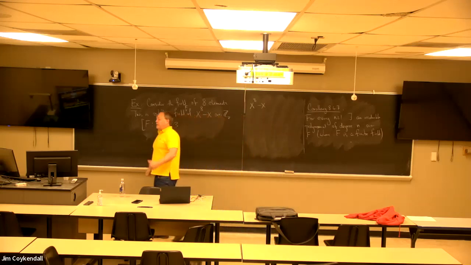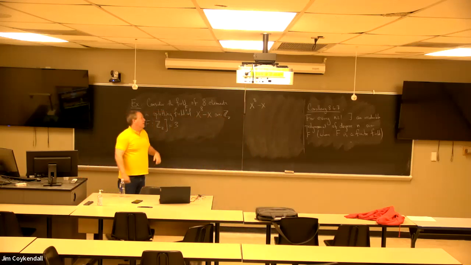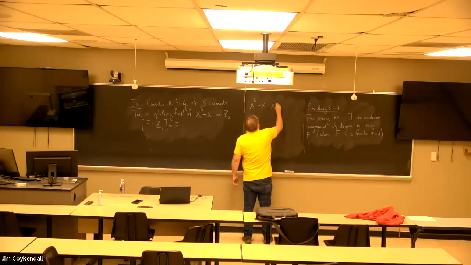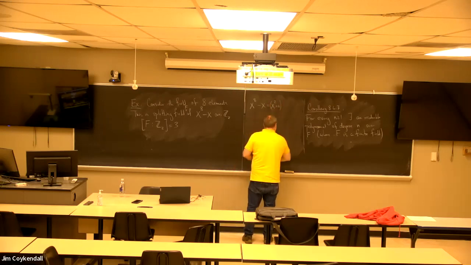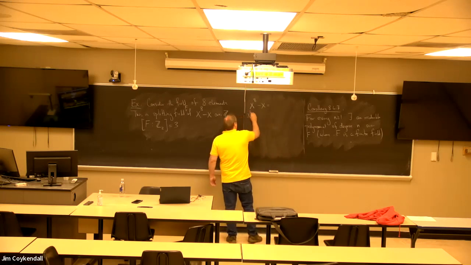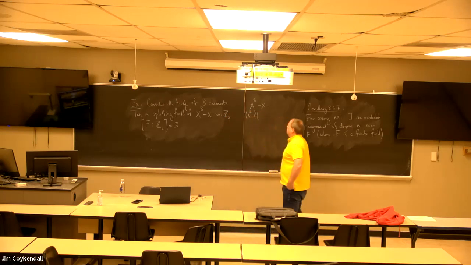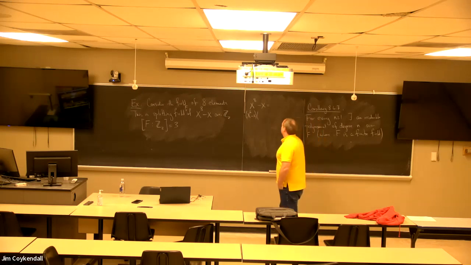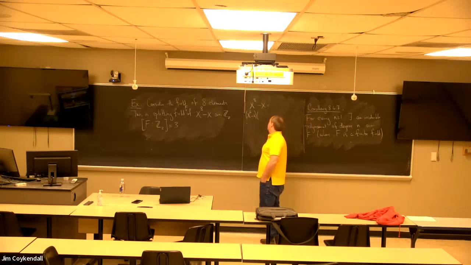Okay, I see a factor of x, and I see a factor of x minus 1. This could be a plus or a minus, because we're in characteristic 2. Now, both 0 and 1 are roots of this polynomial, so that has to be a factor, right?